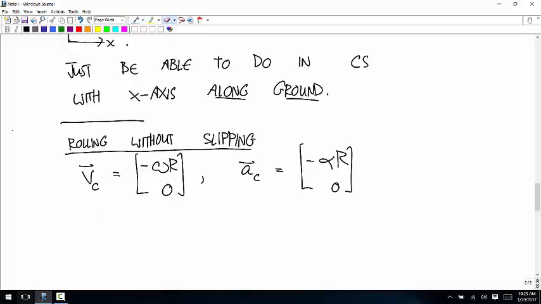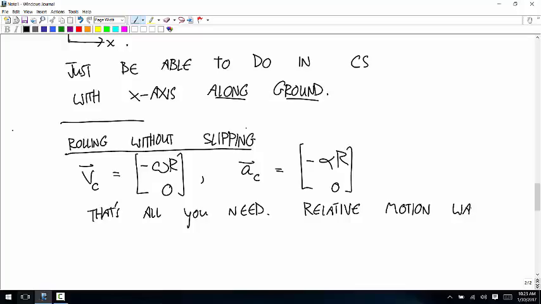That's all you need. So relative motion, yeah, if it says roll or rolling or rolled. Relative motion was used to derive these, so they do depend on relative motion. It's just that I already went to giving you these formulas and that's all you need.